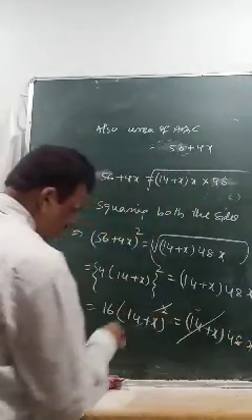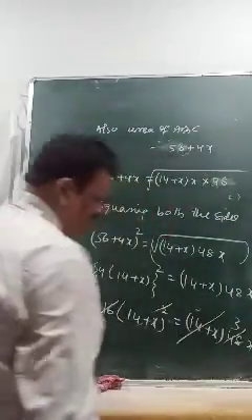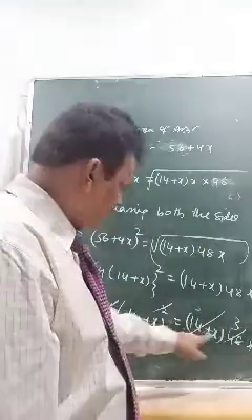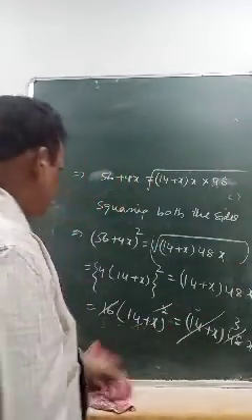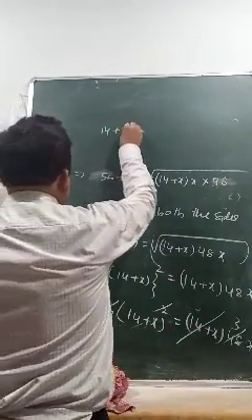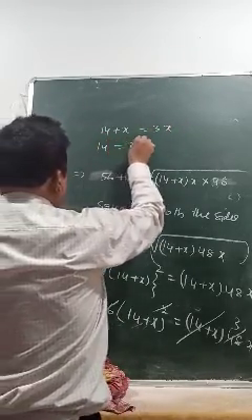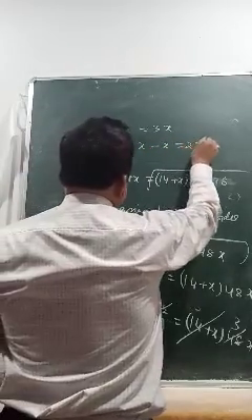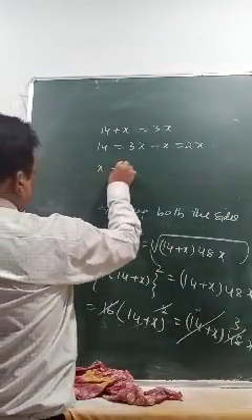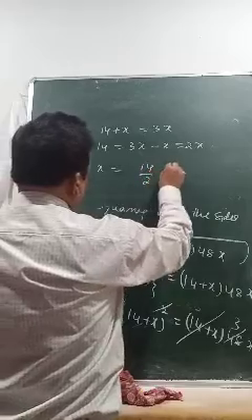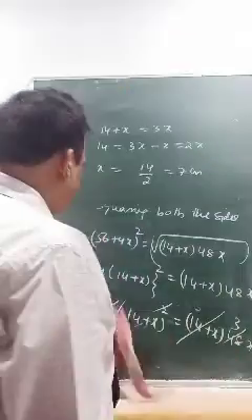Look, this is cancelled, 1 is cancelled. 16 into 3 is 48. So 14 plus x is equal to 3x. So 14 is equal to 3x minus x, that is 2x. The x is how much? 14 by 2, 7. X you got 7.